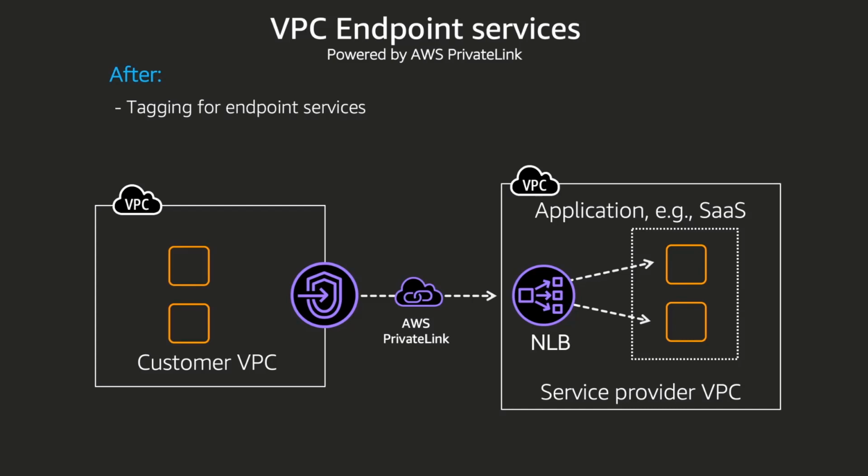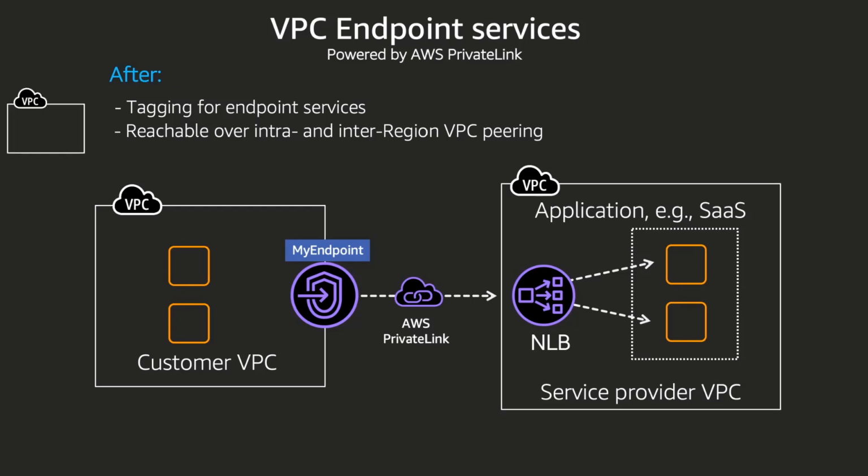We now have tagging for endpoint services. Seems like a no-brainer, so pretty happy that one's there. Endpoint services are also reachable over intra- and inter-region peering now. So when we've got a VPC and that VPC is peered to your customer VPC that has the endpoint in it, you can actually reach from that VPC all the way through to the endpoint and all the way through to your service provider VPC.